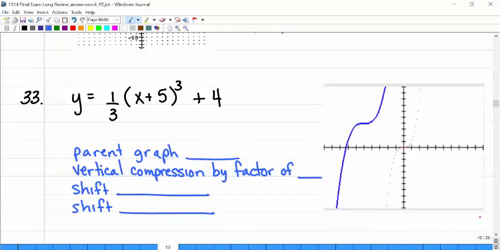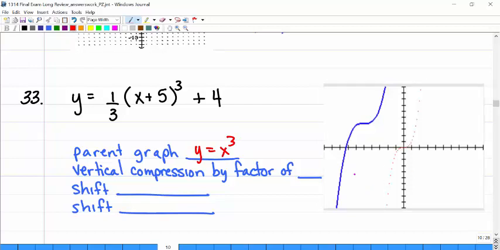Number 33 tells me to sketch a graph of this function and list all transformations from the basic function. And the function is y equals 1/3 times x plus 5 quantity cubed plus 4. So the parent graph is going to be y equals x cubed. And actually I'll write that in red because over on the calculator I graphed it in red. You'll see here.